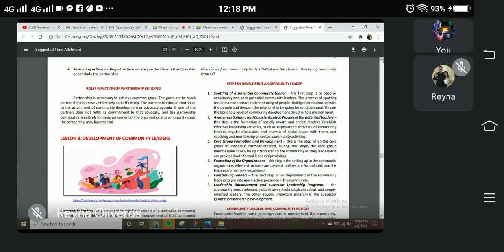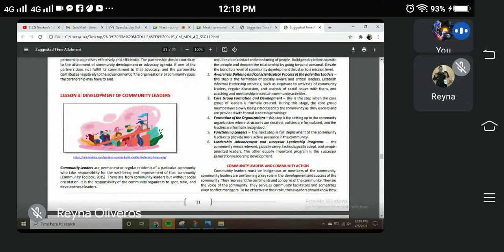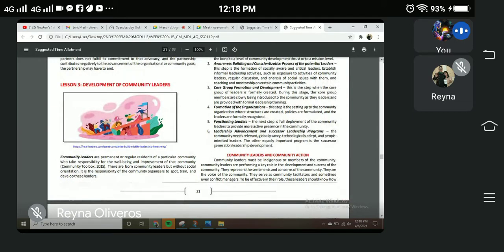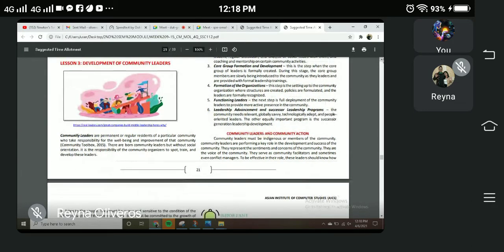Okay? So community leaders and community actions. Community leaders must be indigenous or members of the community. Community leaders are performing a key role in the development and success of the community, and they represent the sentiments and concerns of the community. They are the voice of their community, and they serve as a community facilitator and sometimes even conflict managers.